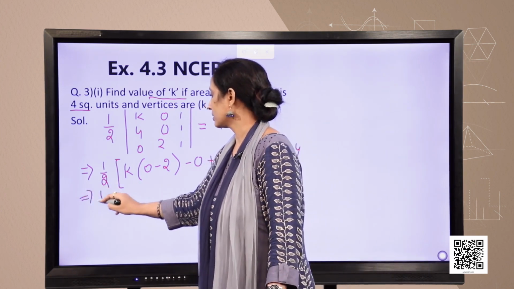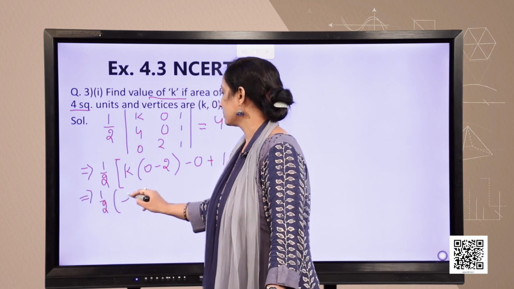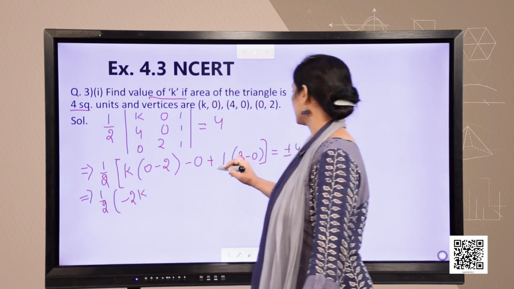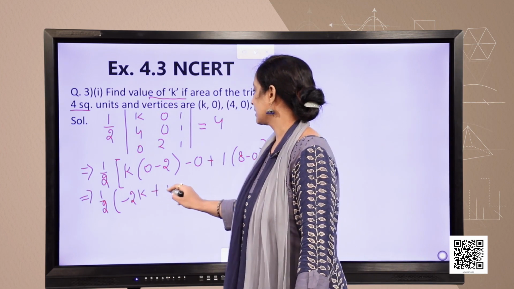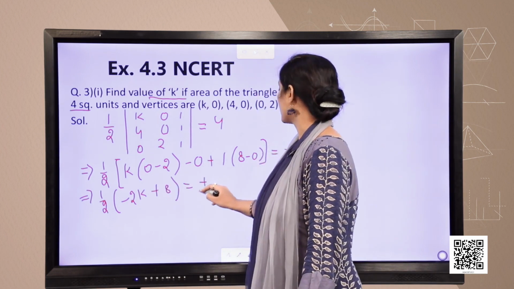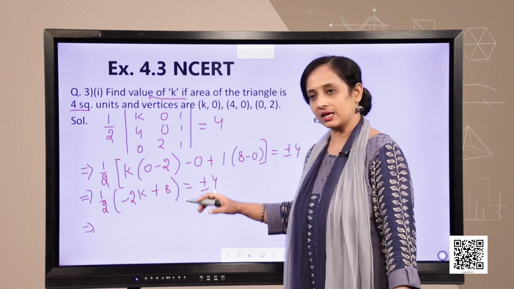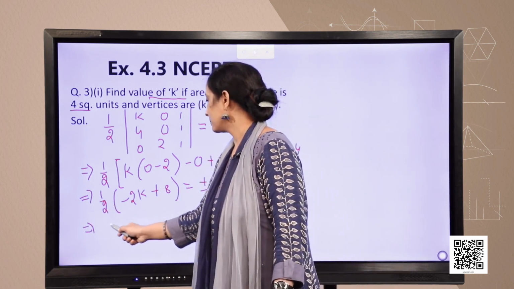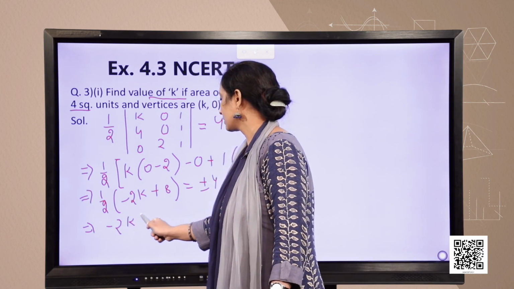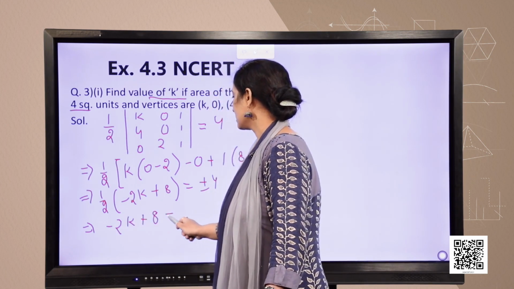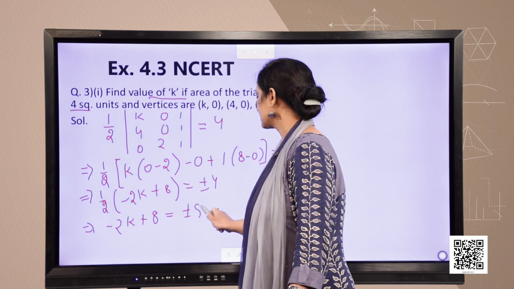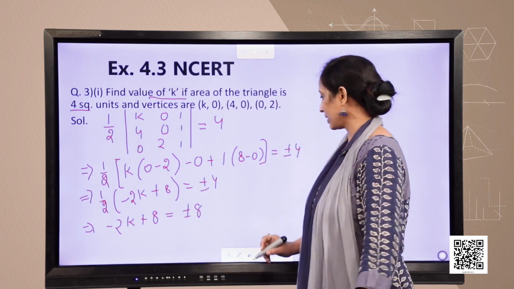So solve it further. This is half, minus 2k plus 8, equal to plus minus 4. Shift this 2 to this side. You will get minus 2k plus 8 is equal to plus minus 8. Here you will get 2 cases.